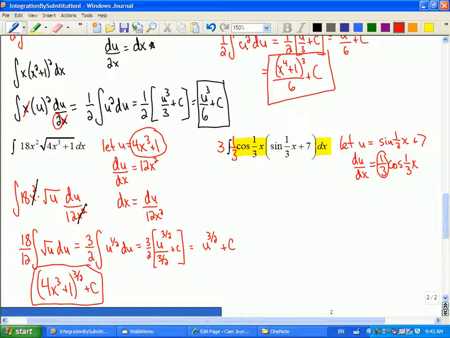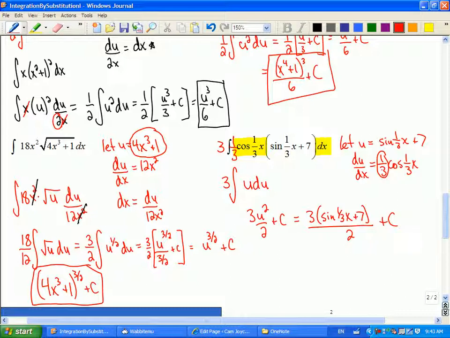So that means I'll have 3 times the integral of u du. So 3u squared over 2. And for us, that means 3 sine of 1/3 x plus 7 divided by 2 and a constant.